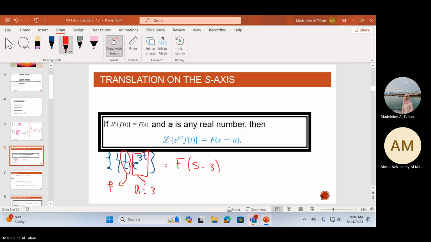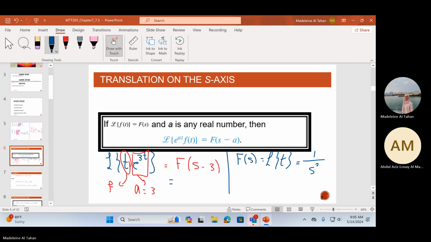In order to find this, we need to find Laplace f of t, which is F of s. What's F of s? It's the Laplace of the function alone. So Laplace of t. What's Laplace of t? 1 over s squared. Do you agree that it's 1 over s squared?